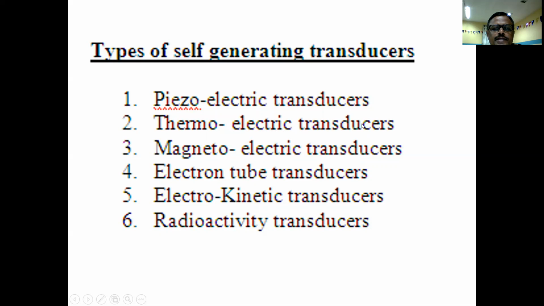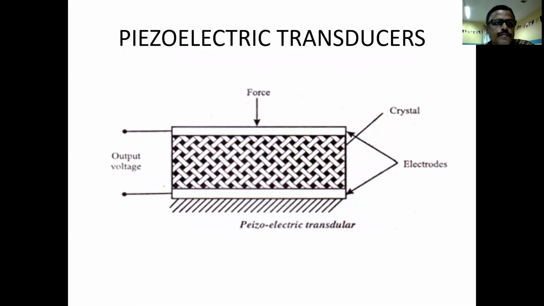Then there are thermoelectric transducers, where temperature is converted into voltage. An example is the thermocouple. Then magnetoelectric transducers, electron tube transducers, electrokinetic transducers, and radioactivity transducers. So all these are self-generating types of transducers.